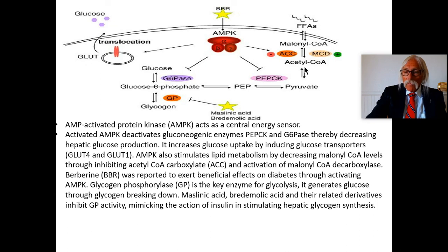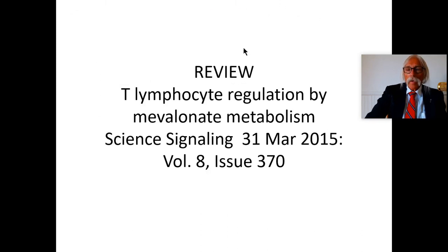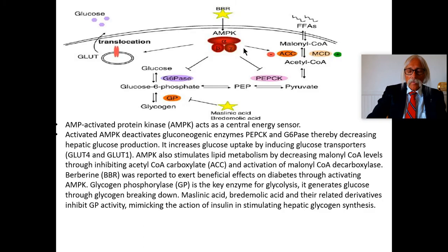Notice that pyruvate also, right, can be converted to acetyl-CoA. So watch what happens with this whole process. AMP kinase is going to inhibit fatty acid synthesis. It's going to inhibit this PEP carboxykinase enzyme.